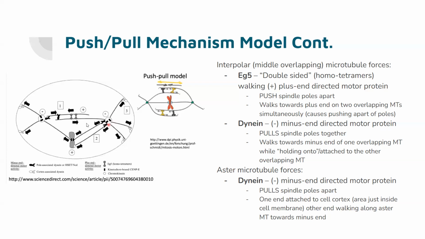I just want to ask which microtubules it pulls, like this one or this one? It pulls this one, but honestly, for our class, we just focused on this right here, and this right here. So the overlapping ones, the ones connected to the microtubule, and the ones connected to the cell membrane. Does that make sense?